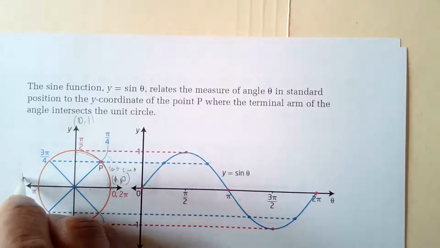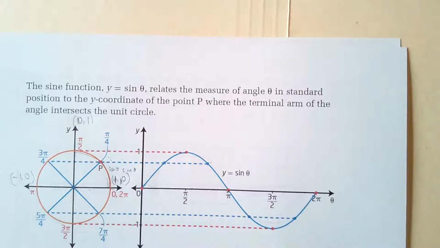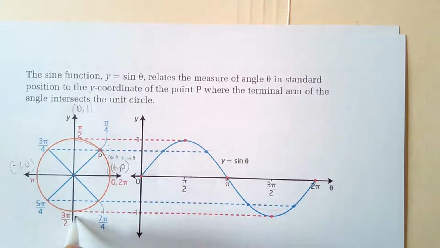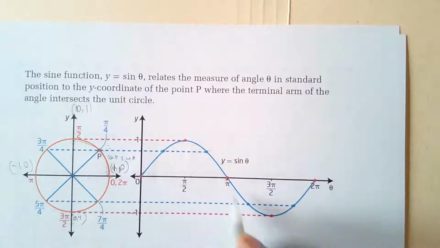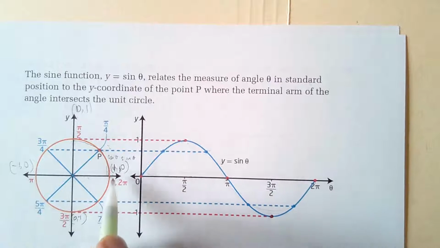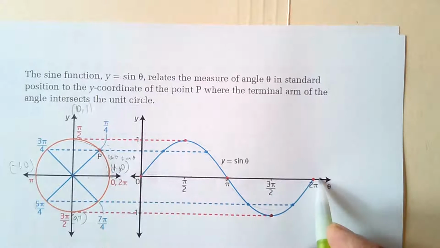At pi, sine is 0. At 3 pi over 2, sine is negative 1. And at 2 pi, sine is 0.